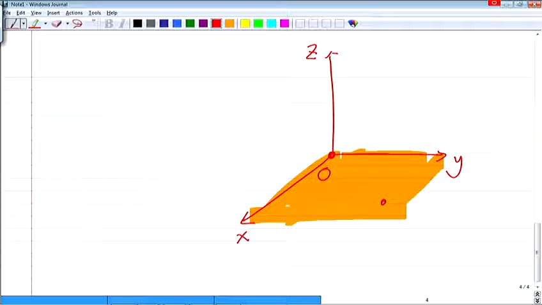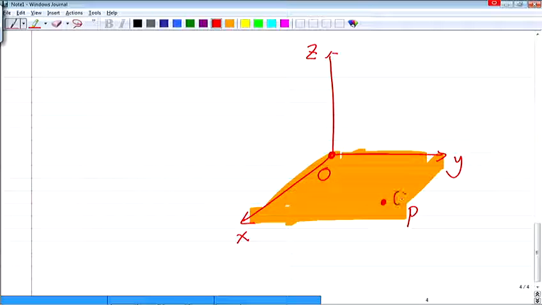Now, any point on this plane. Just earlier on, when we talked about the equation of a line, the equation of the line gives us the position vector of a point on the line. Likewise, when it comes to planes, the equation of the plane should give me the position vector of a point on the plane. Make sense? In this case, it's quite easy.